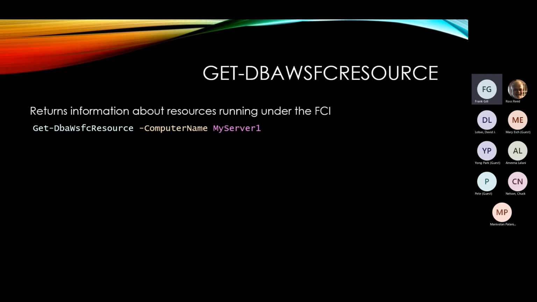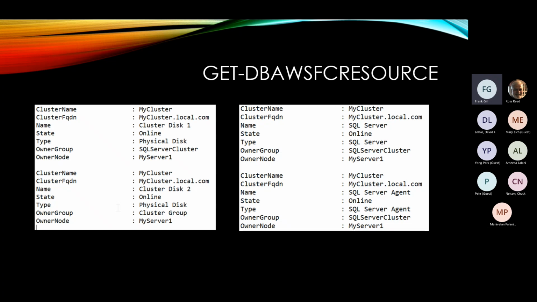Once again, I just need to pass it that single computer name, and you'll see that I get cluster disk 1, cluster disk 2, which would generally be your log drive and your data drive, and then information about the services, the SQL Server service and the SQL Server Agent service. So these are the clustered resources.